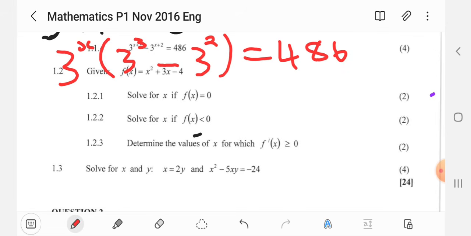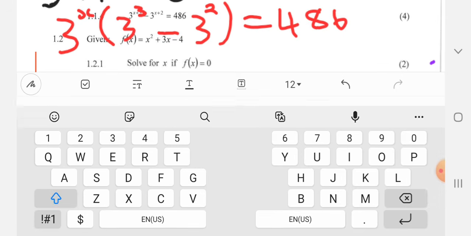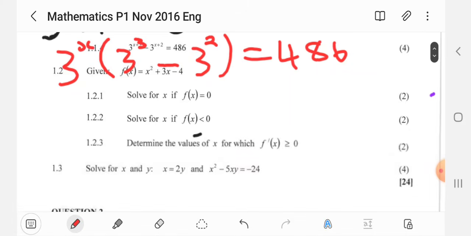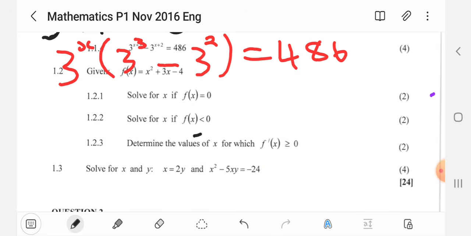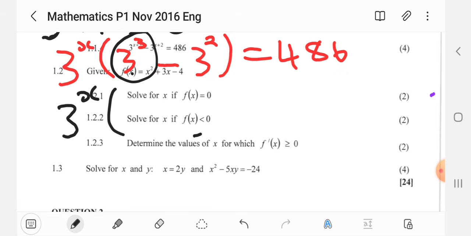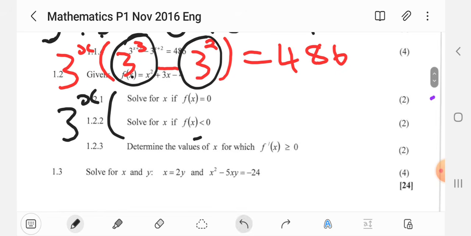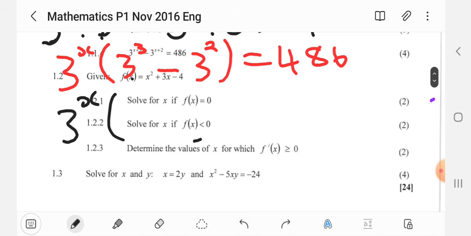Now here we are. So what do we do when we are here? We have 3^x. We put 3 to the power of 3 into the calculator, and that will give you 27. 3 to the power of 2 will give you 9. So 27 minus 9 will give us 18.